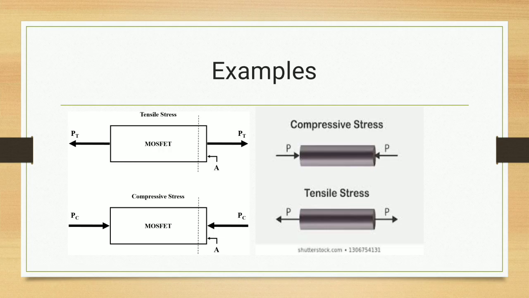This is the difference between tensile stress and compressive stress. In compressive stress there is a pushing force of equal amount from both ends. In tensile stress there is a pulling force of equal amount from both ends.